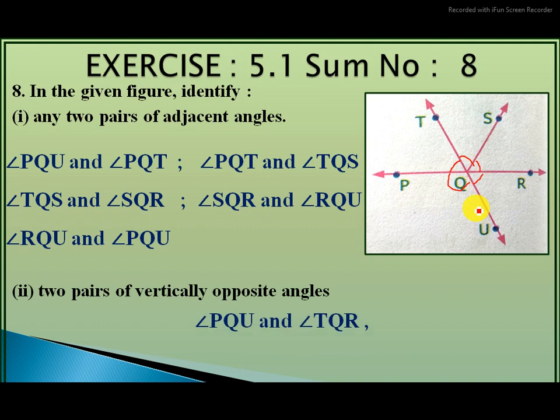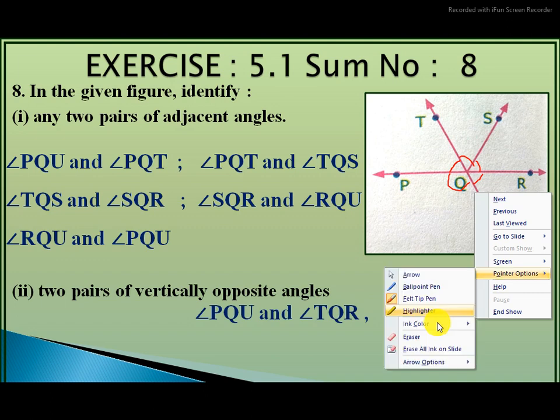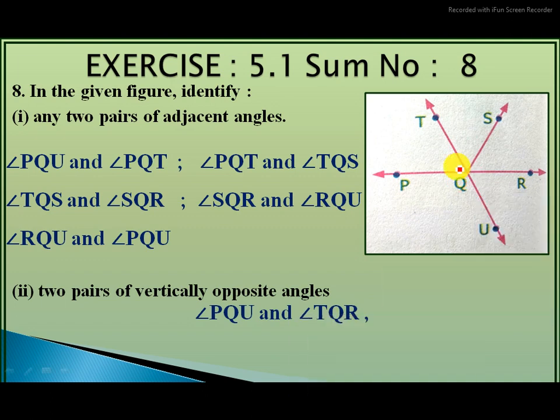Now, 2 pairs of vertically opposite angles. So here we have to take these 2 lines. When you take the 2 lines PR and TU, you have 2 lines intersecting at one point Q. So angle TQR is vertically opposite to angle PQU.